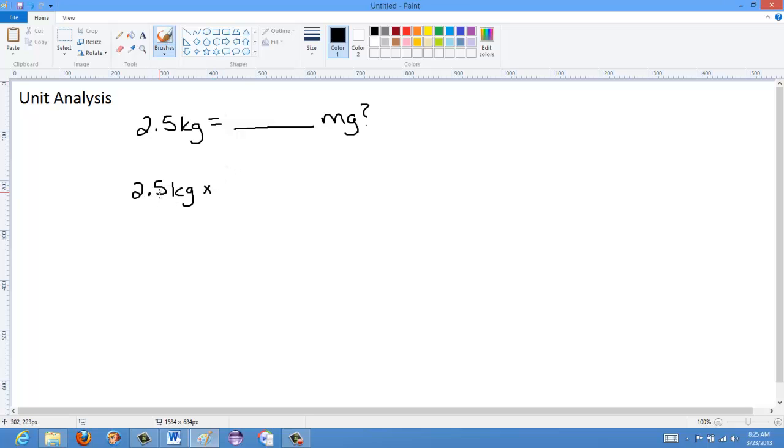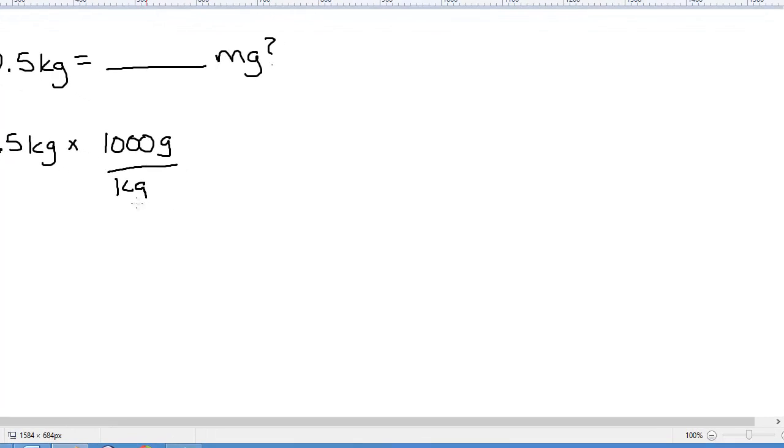So 2.5 kilograms times, as I said, 1,000 grams in 1 kilogram. What that would mean is these kilograms cancel out, but now I have my answer expressed as grams.